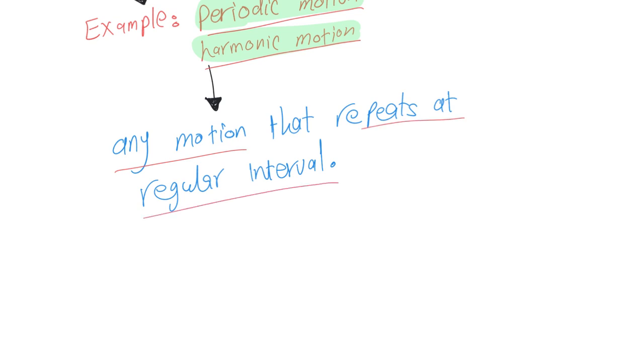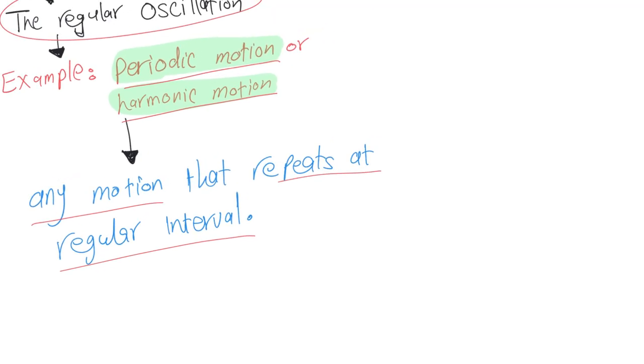I will explain this by an example. Suppose we have a particle set at the reference point, which is 0, and to the right is xm, which is the largest displacement from the origin, and on the other side, to the left, we have minus xm.